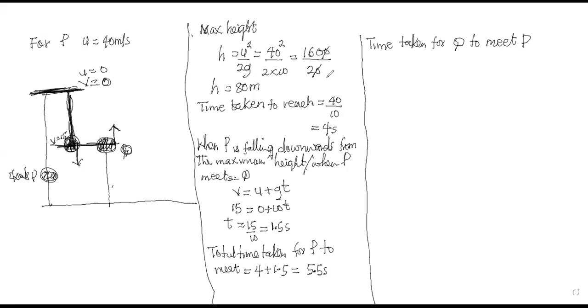Because the maximum height of P is 4 seconds, and the time for P to move downwards to the same level with Q is 1.5 seconds. So you subtract. Yasmin, you've done well, but let's listen to somebody else, because you are missing something.